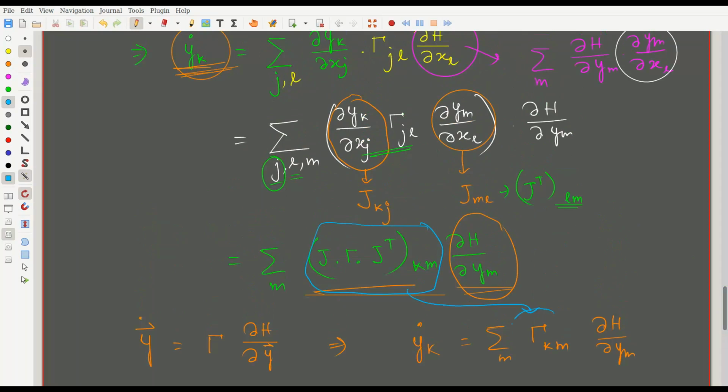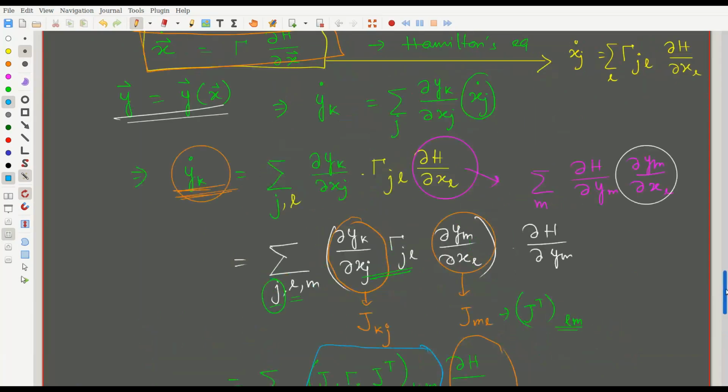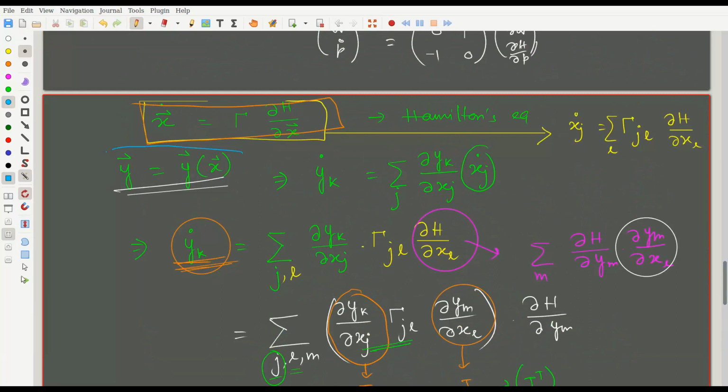I see that these two equations are strikingly similar if I identify J gamma J transpose with gamma. This transformation gives you the Jacobian J, which is unique to this transformation.